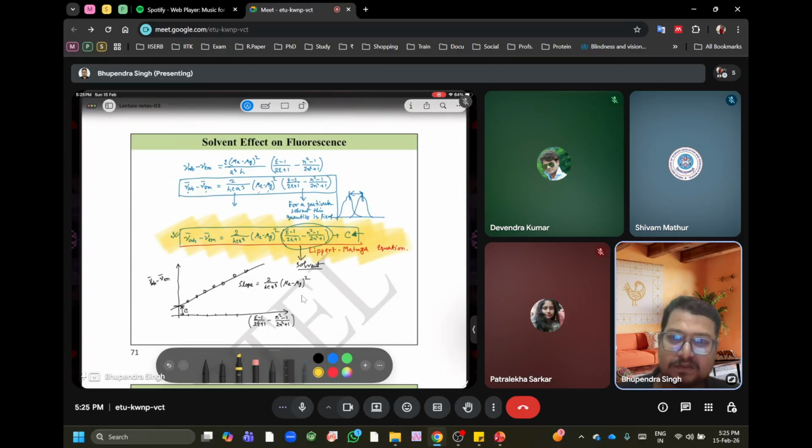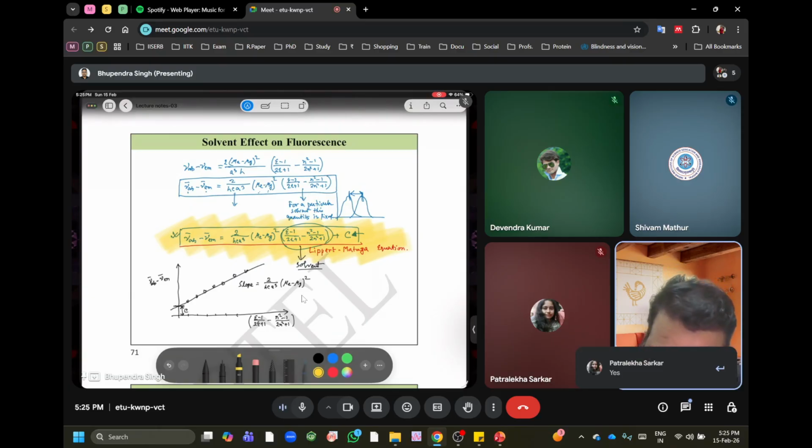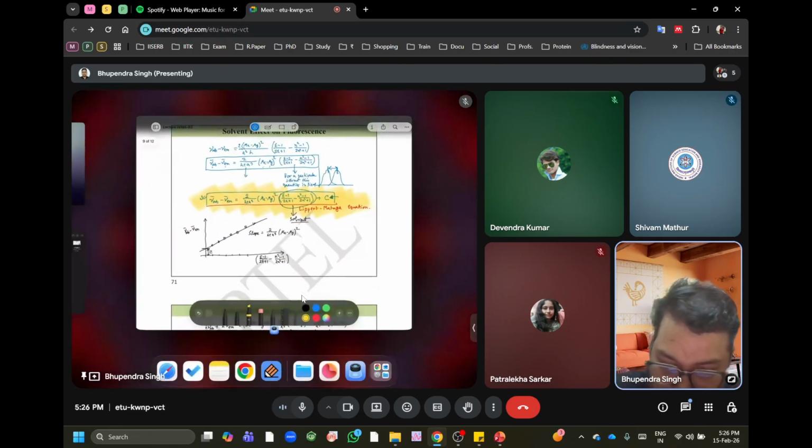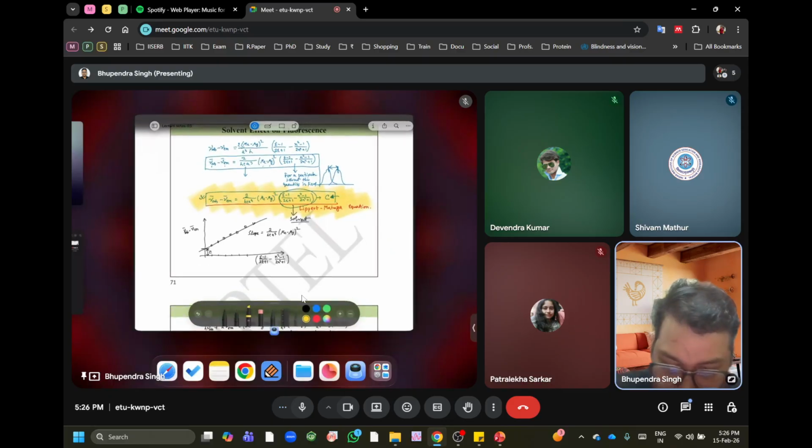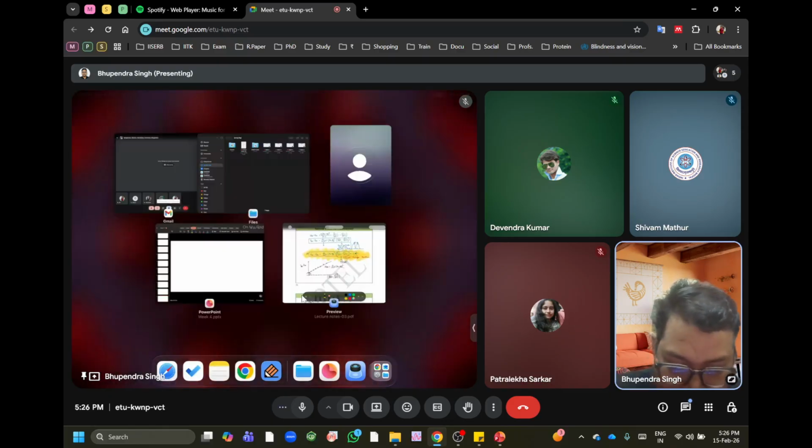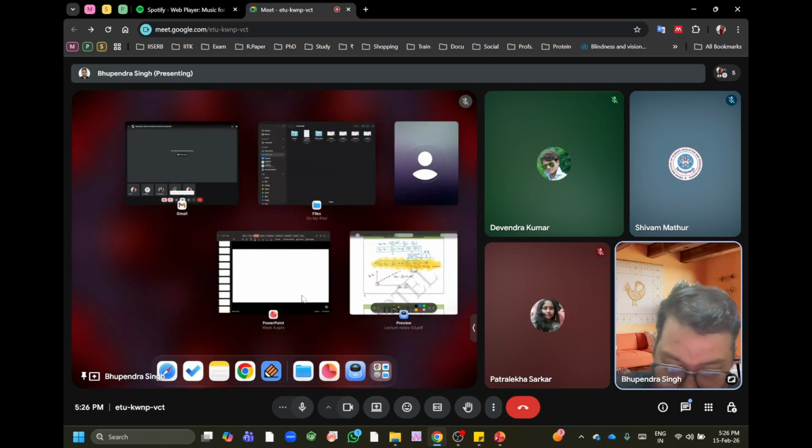Are you able to see? Yes, no? Hello guys. Yes. Okay, fine. So according to this Lippert-Mataga equation, what do you think? Where is our PPT?